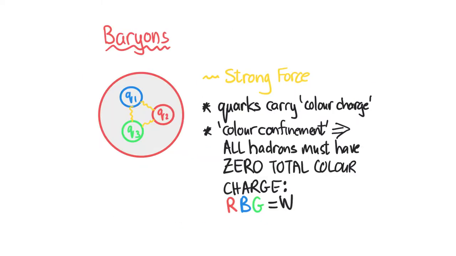So the baryons can be represented as 3 quarks that are attracted to each other by the strong nuclear force, and the quarks carry color charge, as we have discussed, and there's something called color confinement, which we've also discussed, but we haven't called it that, and that basically says that all hadrons must have 0 total color charge.